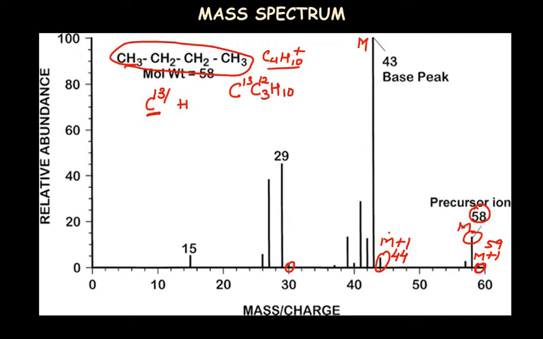Now the same applies here at 43. The main peak of 43 is due to the C3H7 ion, but then the M+1 peak may be due to C2H7 and one of the carbon as C13 mass. So the other two carbons had a mass of C12. So this is how an M+1 peak is produced along with the main peak of M.